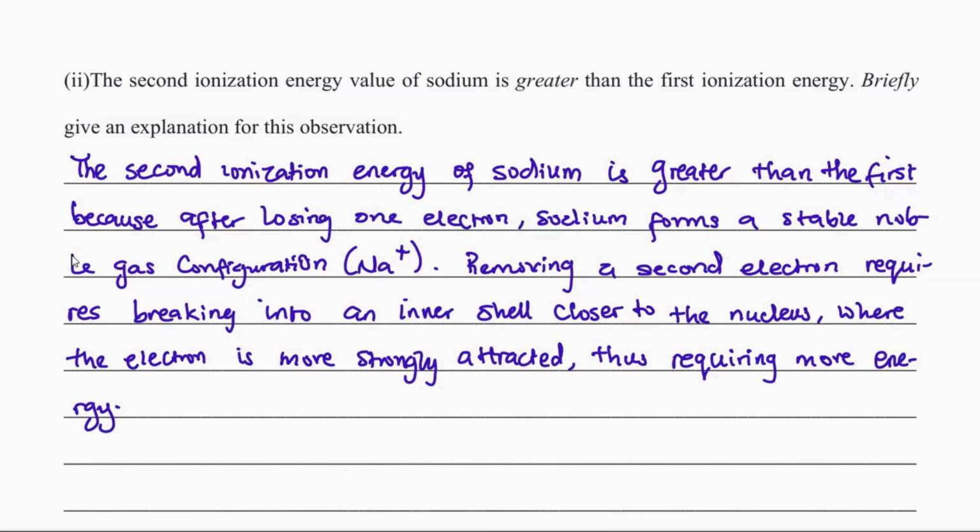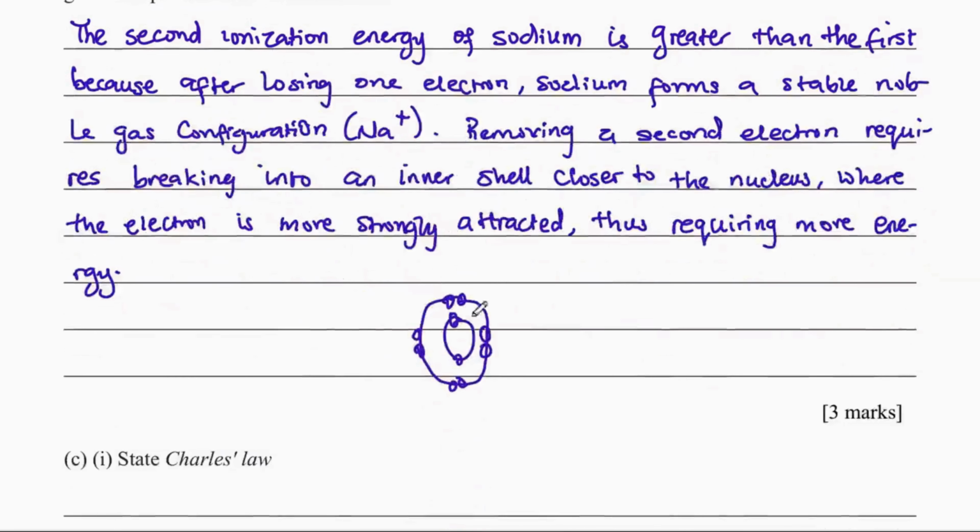We know that the valency of sodium is 1, so it's easier to break the attraction there and lose that one electron than to start touching the 8 that is in the inner shell. We have this as the configuration of sodium: 2, 8, and the last energy level has just 1 in it.